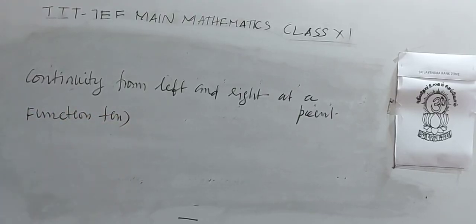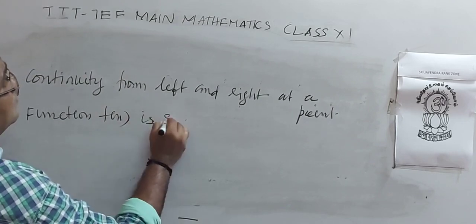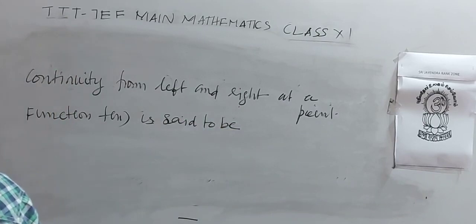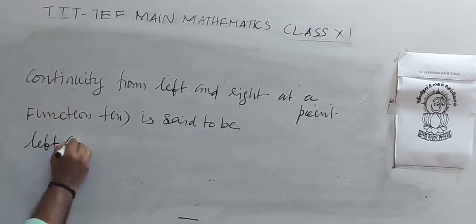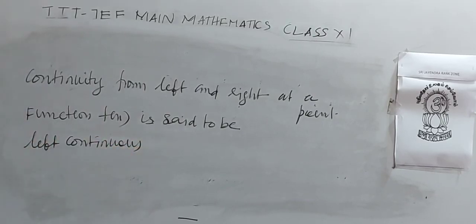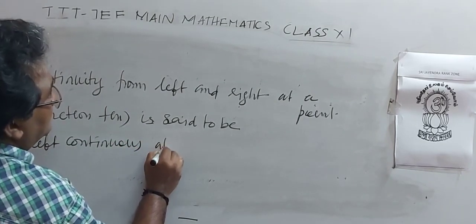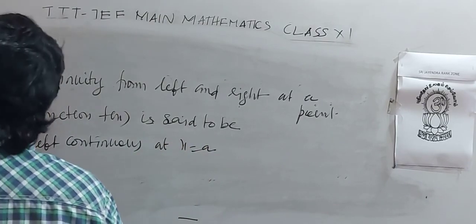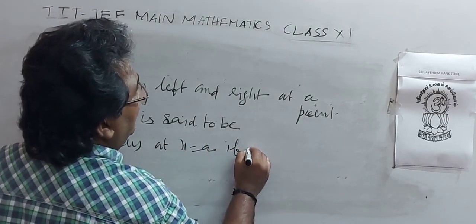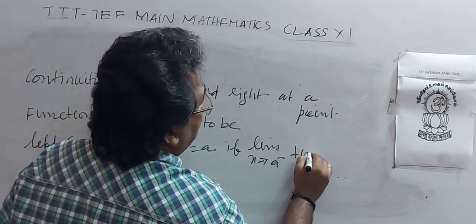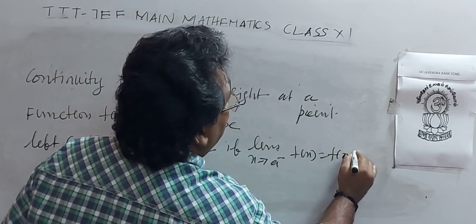A function f of x is said to be left continuous at x equal to a if the limit as x tends to a minus of f of x equals f of a.